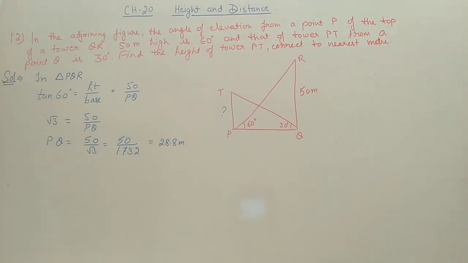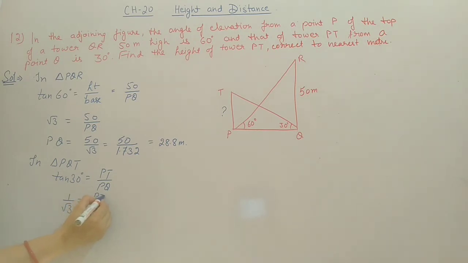After getting this base, now we will come to the next triangle. In triangle PQT, tan 30 is equal to height by base. Tan 30 value is 1 by root 3.